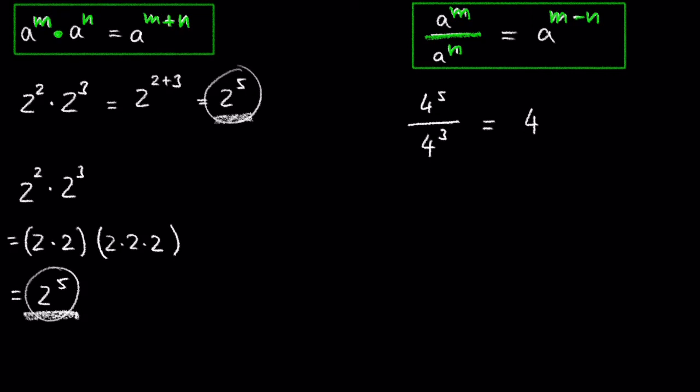So in our example, we subtract 3 from 5, which is 2. And we get 4 to the second, which is 16.